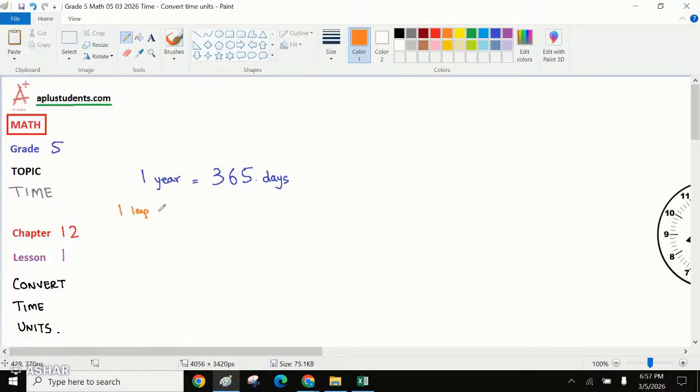A leap year is a year in which we have 29 days in February. That means a leap year would be 366 days. But on the standard, we consider a year to be 365 days. This is the standard.